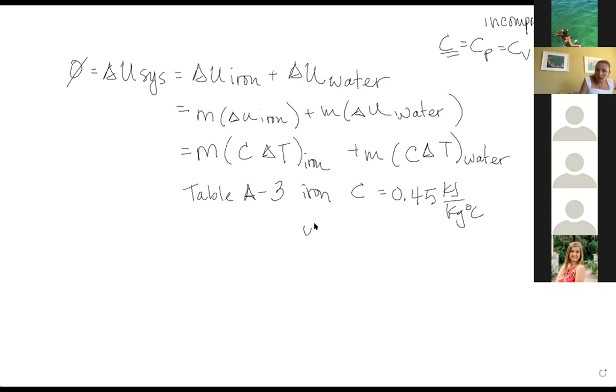And for water, we already know that this is 4.184 kilojoules per kilogram degree Celsius.